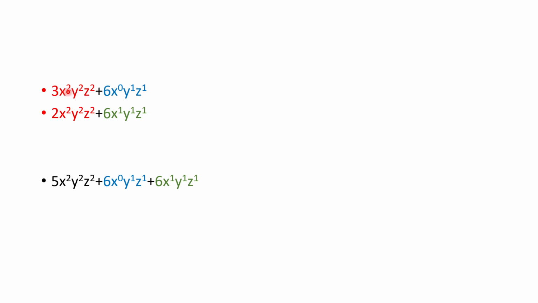If the power of x, power of y, and power of z are the same in both of the terms, in polynomial 1 and polynomial 2, then only the coefficients are added. In this case, x square, y square, z square is equal in this term, so the coefficients are added. 3 plus 2 is 5, keeping these parts the same. Like that you have to repeat for all the terms.